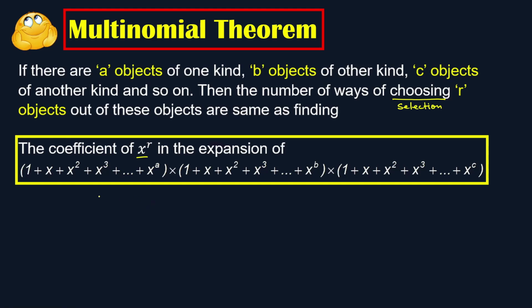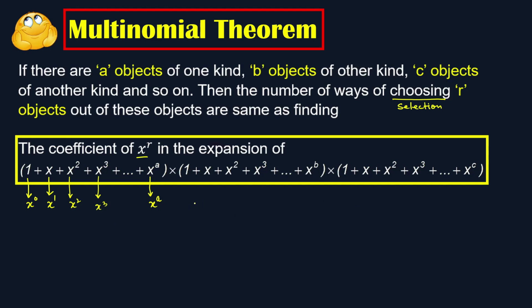Either you will select no object, which I have written as x to the power 0, or we can choose one object from this, that is why I have written x to the power 1, or we can choose two objects, x squared, or we can choose three objects, x cubed, and so on. And maximum we can choose A objects. That is why it is x to the power A. Same thing with the other polynomials also.